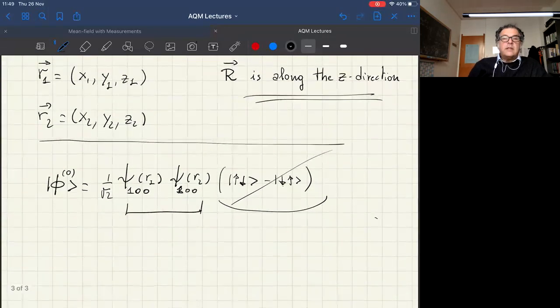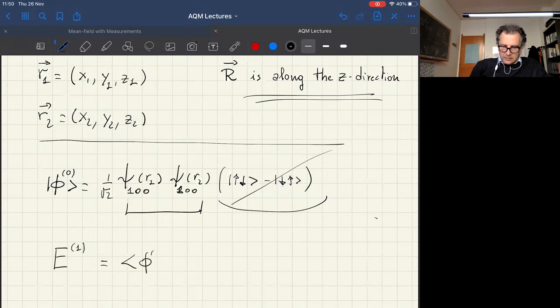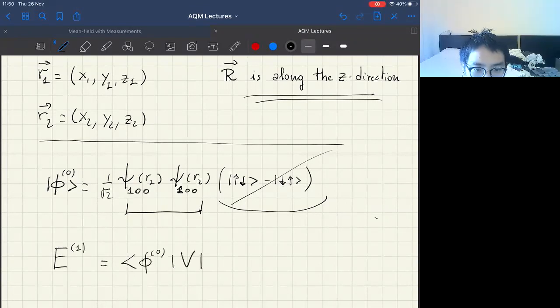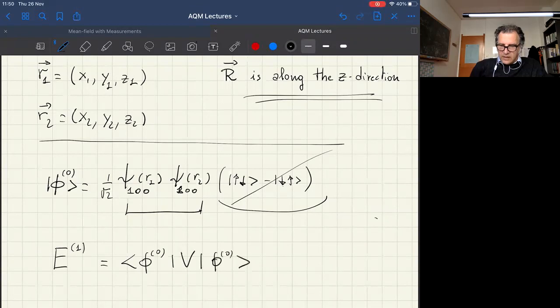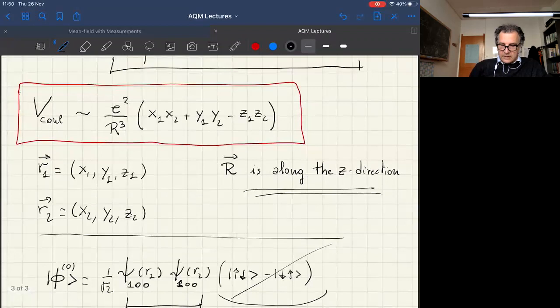Now, what is the first order correction to the energy? Do you remember in perturbation theory? It's phi 0, then the potential, and phi 0. So it's the average value of the potential. We have to take the average value of this object over this wave function.